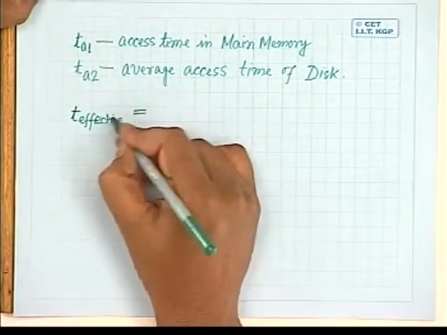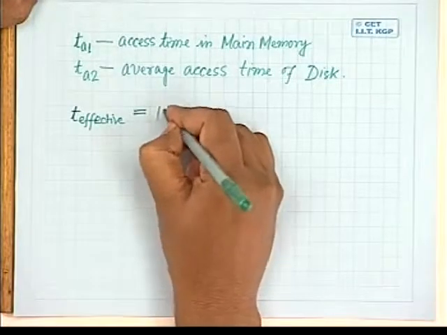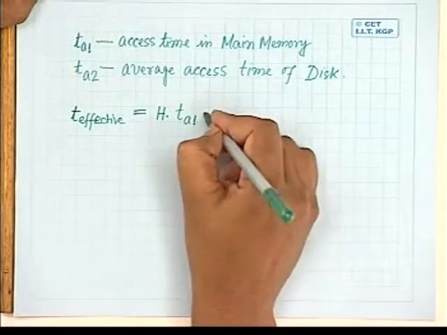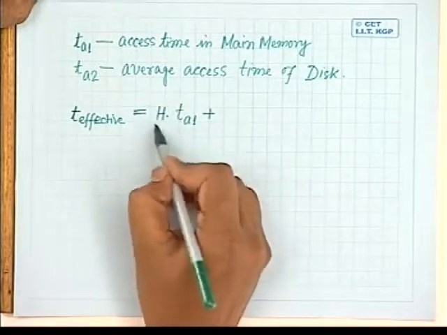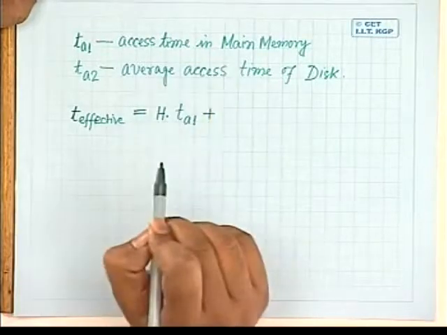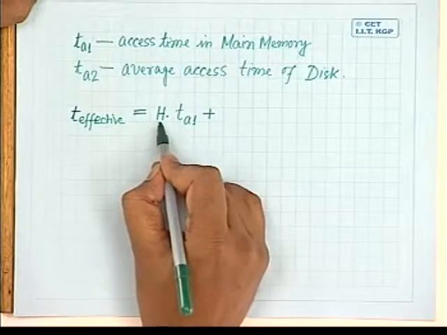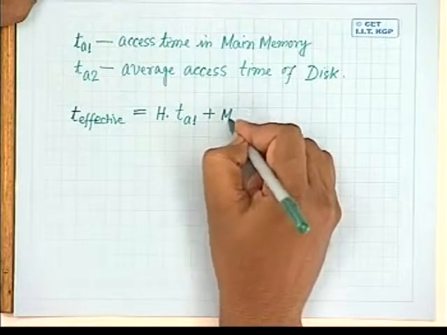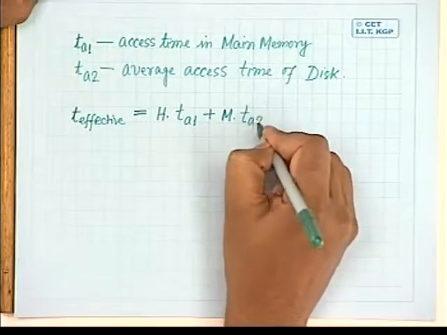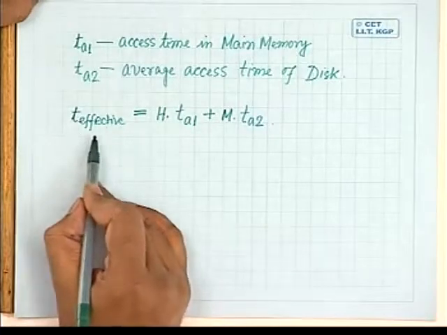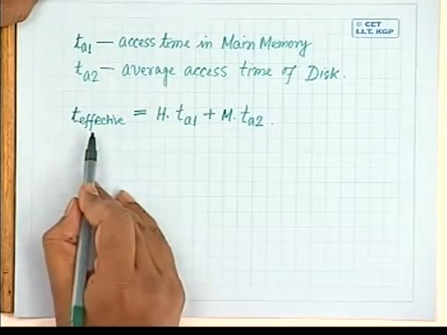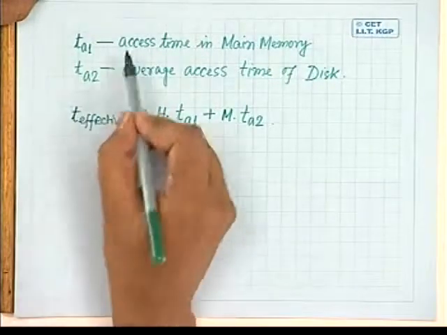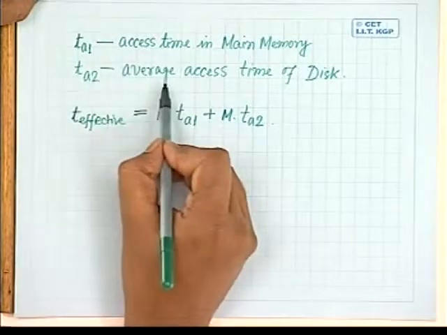So we'll put it this way, that the effective time T will be the hit ratio H multiplied by TA1, plus, because this is something similar to the probability of occurrence of the data in the main memory, I have to put 1 minus H, okay, which is nothing but the miss ratio M, times TA2. So this is the average or effective access time of data from this two-level hierarchy of memory. Okay. So the first level in this hierarchy is the main memory. The second level in the hierarchy is the disk.